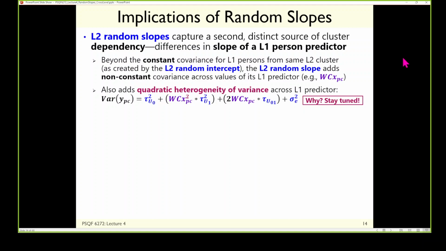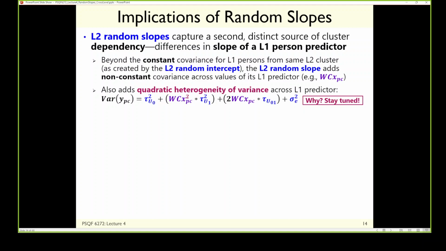It's actually quadratic. This is the model implied variance function for a within cluster X slope being random. The 2 there means that it's creating a quadratic function like a U, like a happy face.